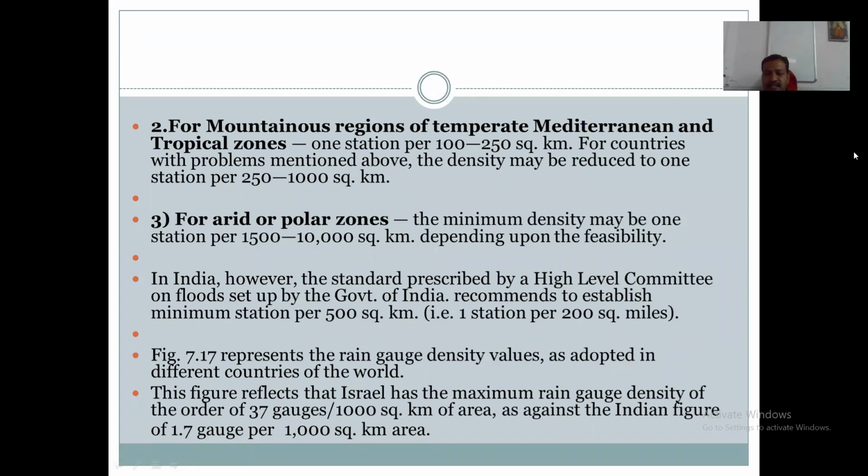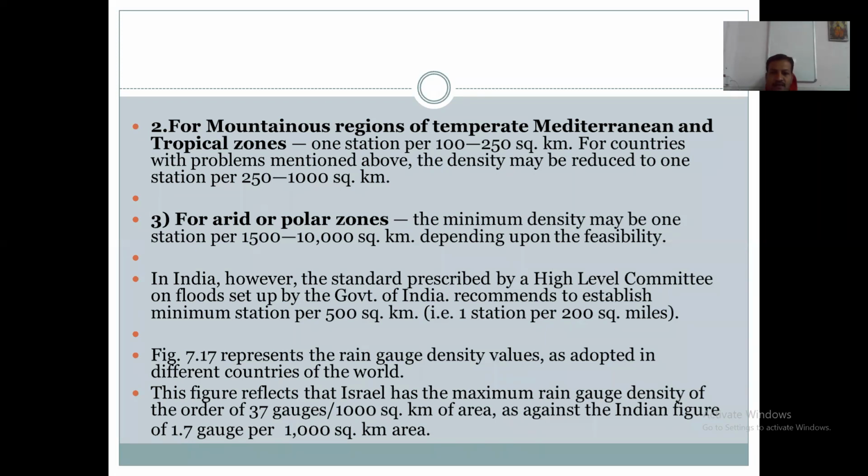In this way, the design of rain gauge network is done depending upon the type of catchment area. A mountainous region साठी आहे. So for 100 to 250 square kilometer area, one station is to be provided. असे number of stations असतील.